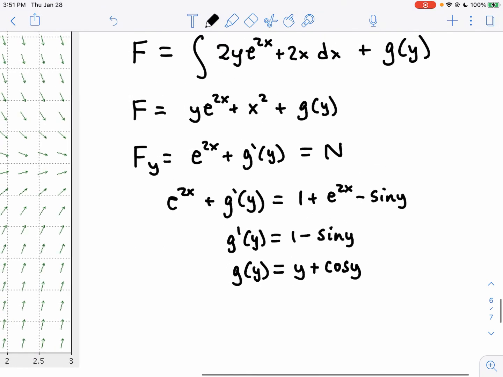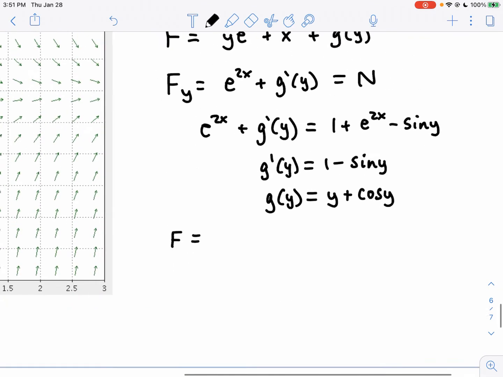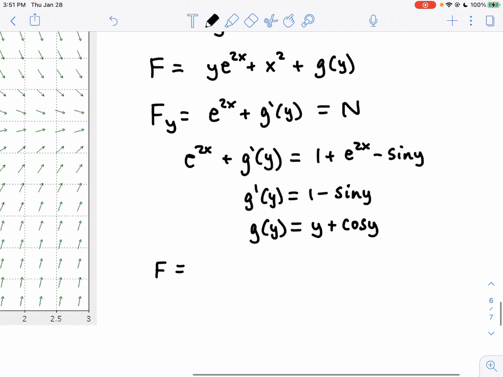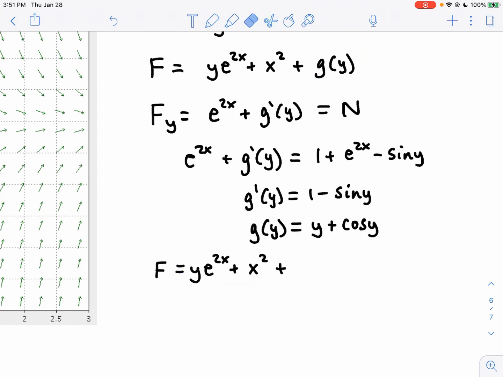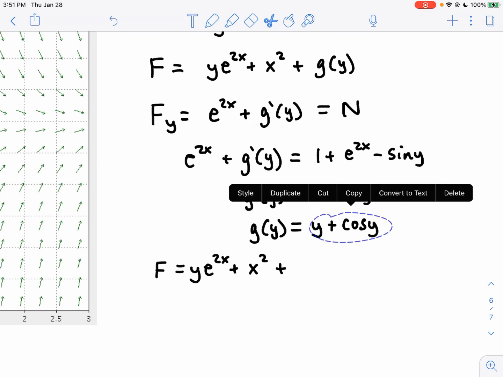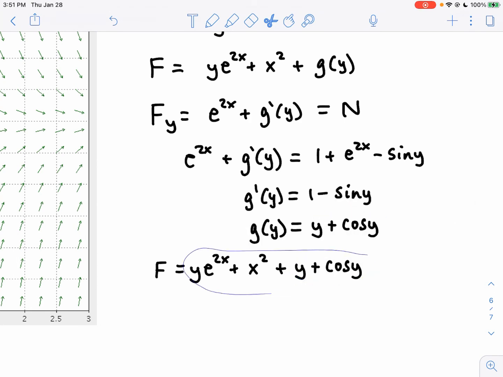Now we can construct our function F. Therefore, F is equal to, make sure I have enough space here. I'm just going to copy this. We now know our g of y is just that part. And here's my complete F function.